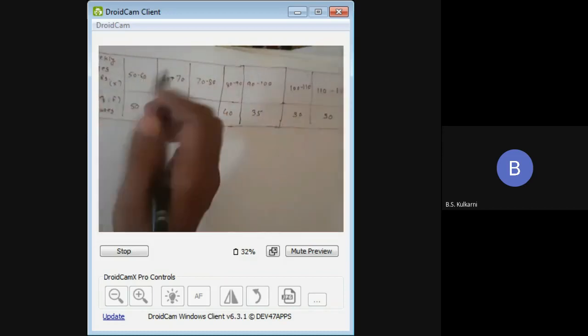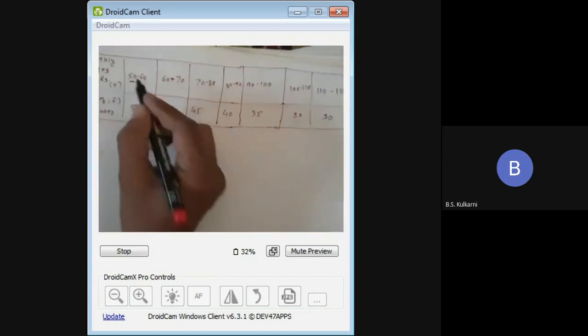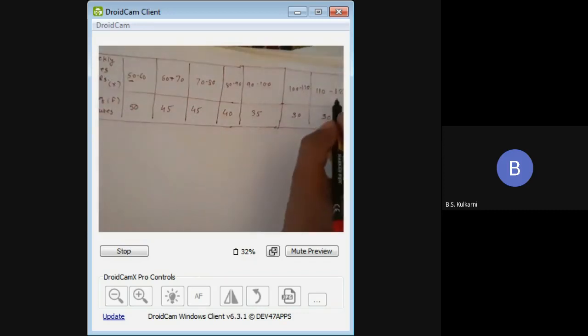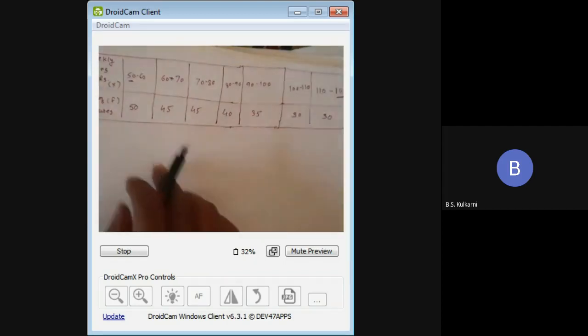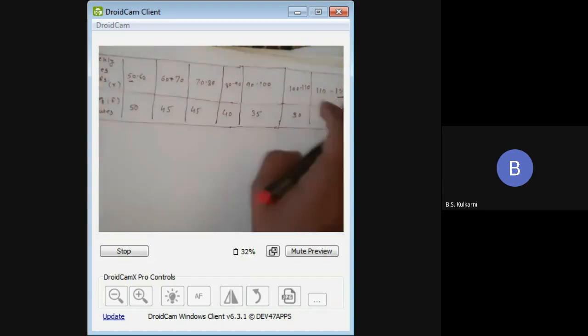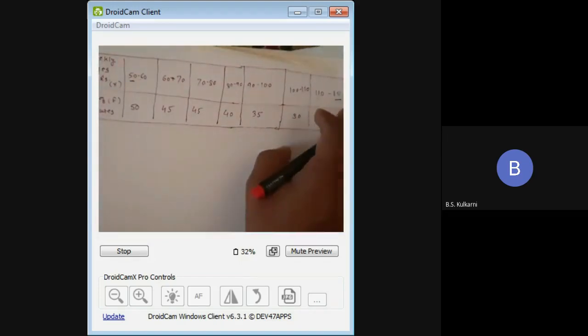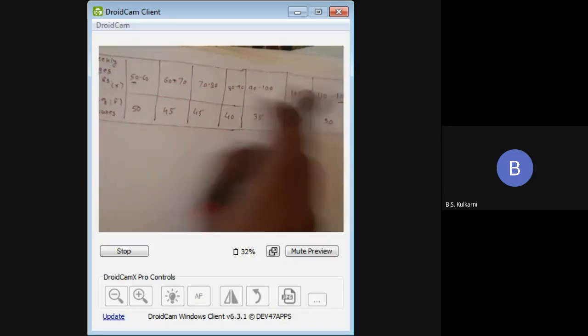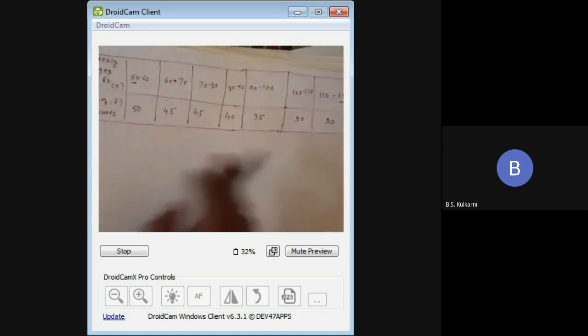In that case, 50 is the lowest one, and if you are talking about the highest class, 110 to 120, and 120 is the highest value. So 50 is the lowest value and 120 is the highest value. We have to consider these two values only and then put the values into the formula.